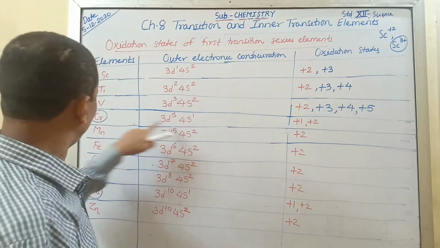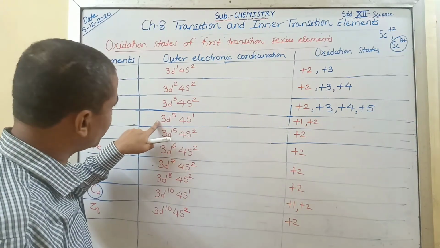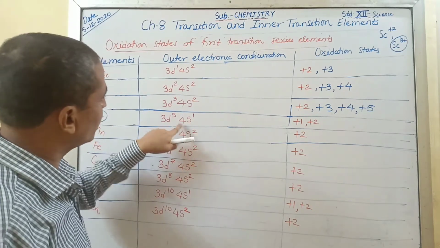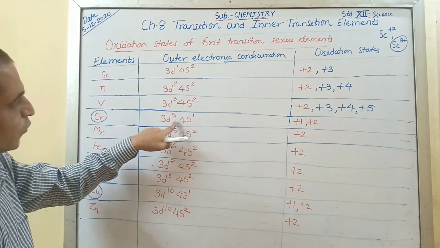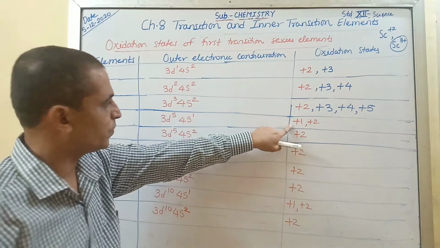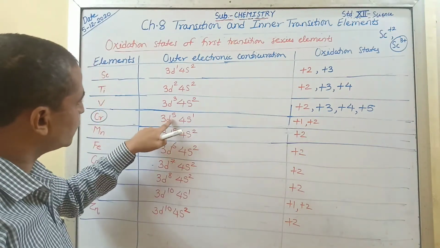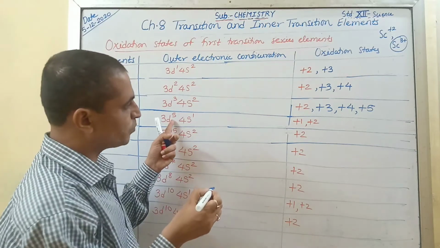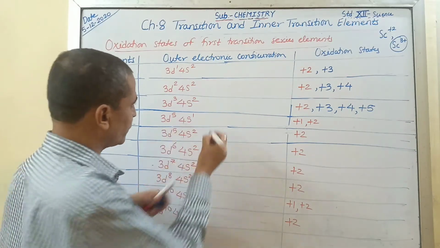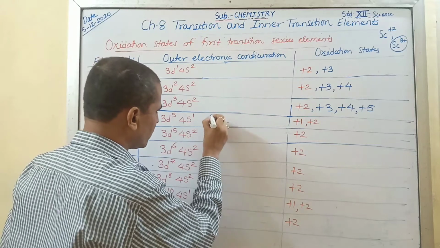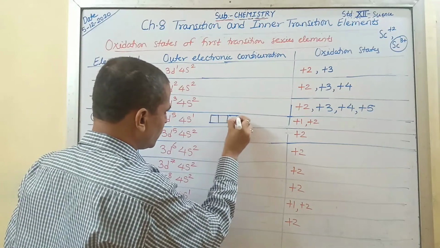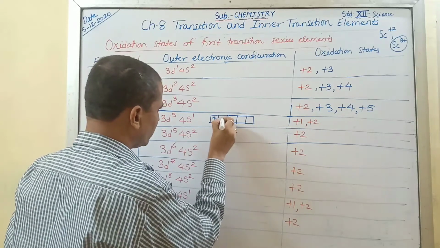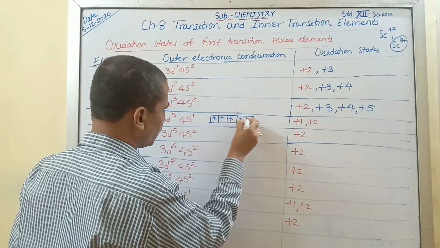Now see, for chromium the electron configuration is 3d5 4s1. So the low oxidation state is +1, because only one electron is removed from the 4s subshell. And there are 3d5, d5 means 5 unpaired electrons.